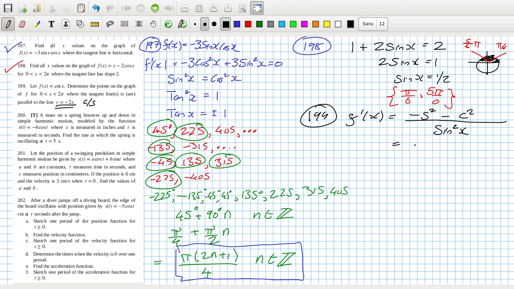So that's -1 over sine squared. And you want that to equal -2, which means you want sine squared to equal 2, which is not possible. So that's a never.